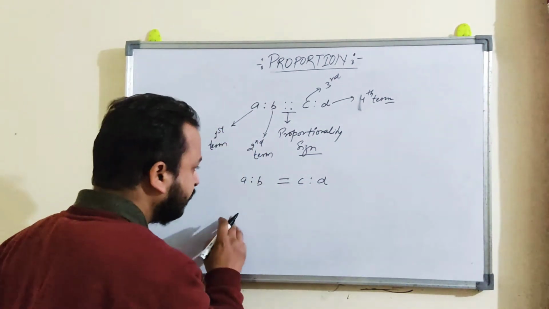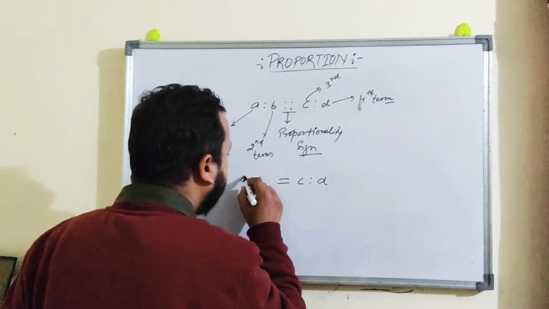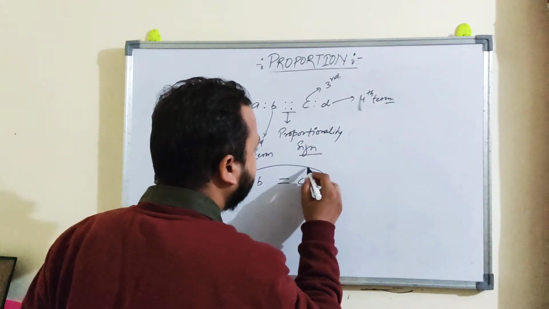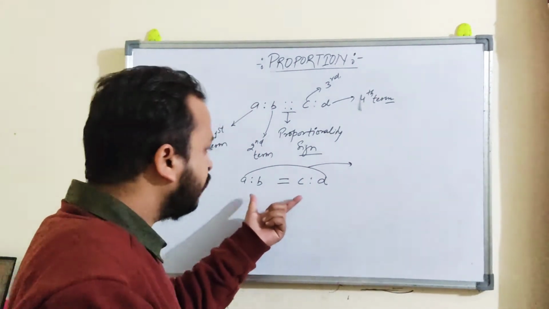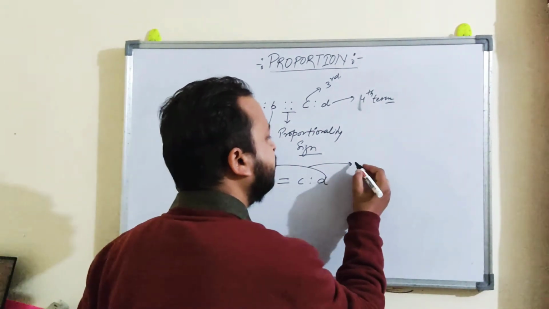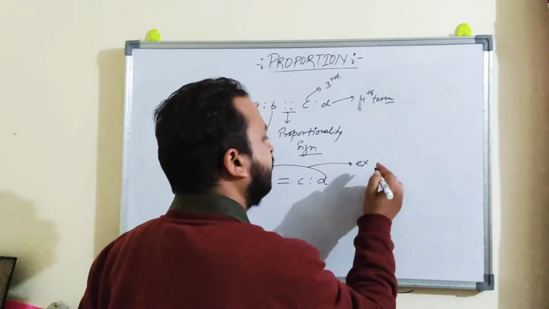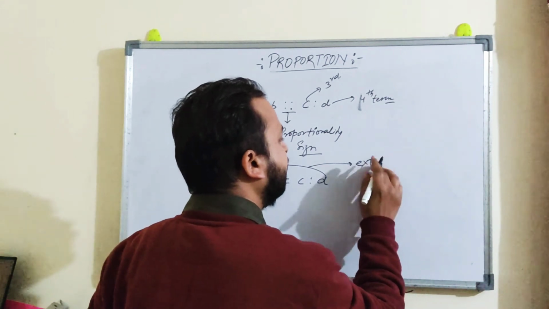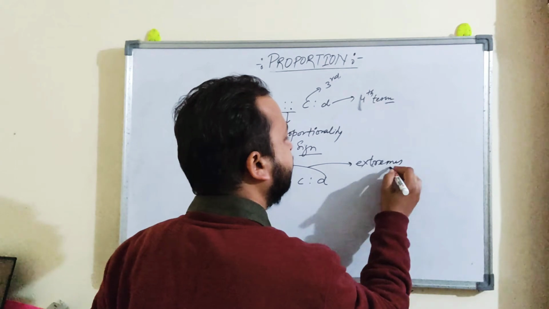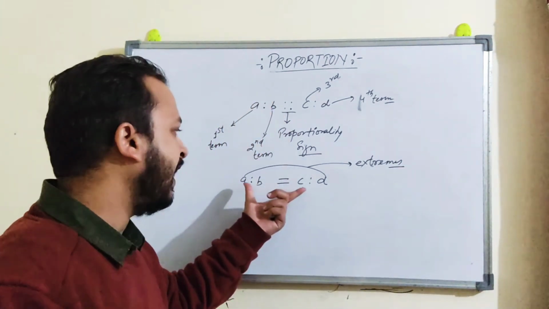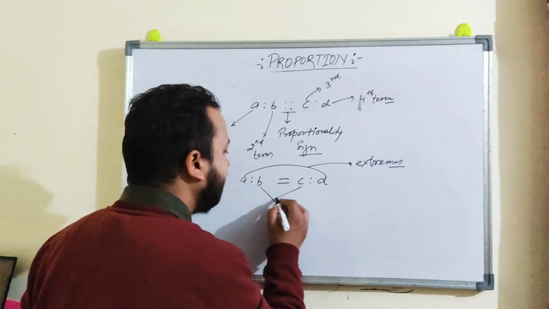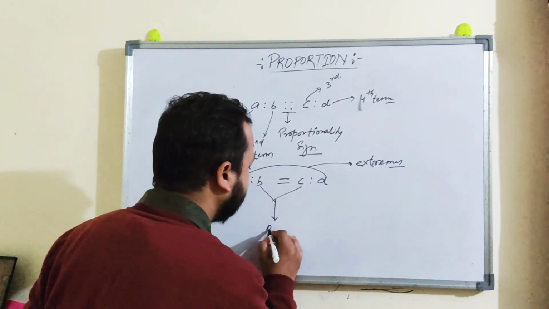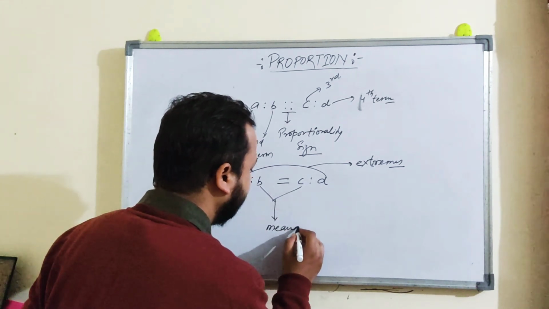Now these two ends are at extremes. Why? Because they are at extreme positions. This B and C are known as means.